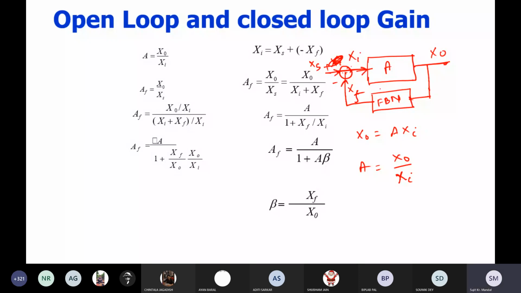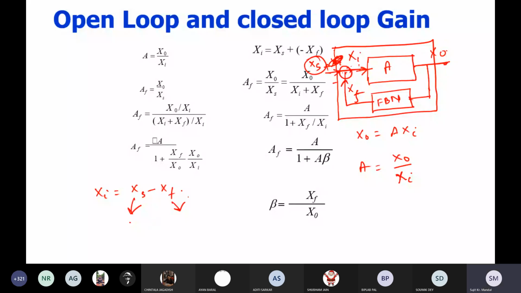Under such configuration, what would be the overall gain? Actual input is Xs, output is X0. Here Xs is not equal to Xi, whereas now Xi is equal to Xs minus Xf, where Xs is the externally applied source signal, and Xf is the feedback signal coming from the output.